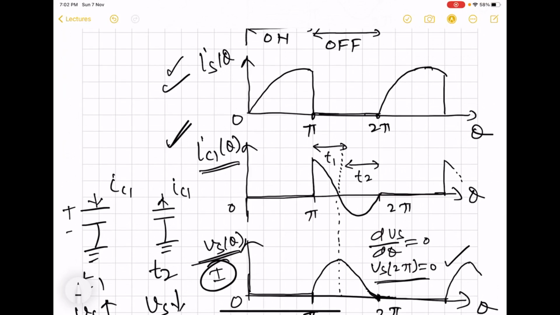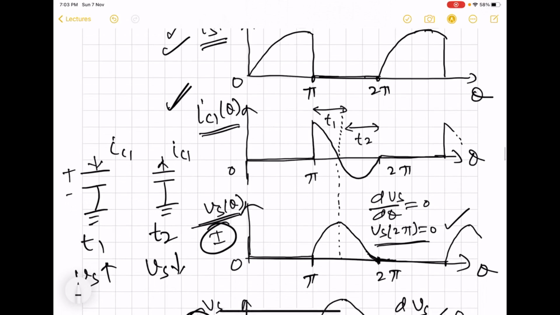So here we see that switch current is never negative. That means there will always be finite DC contained in this switch current. So this is one observation, and when we set up this equation, we will end up with equation number 2 that we just derived. Another observation is from the circuit point of view: we know that there can never be any DC through a capacitor, no DC current through capacitor.